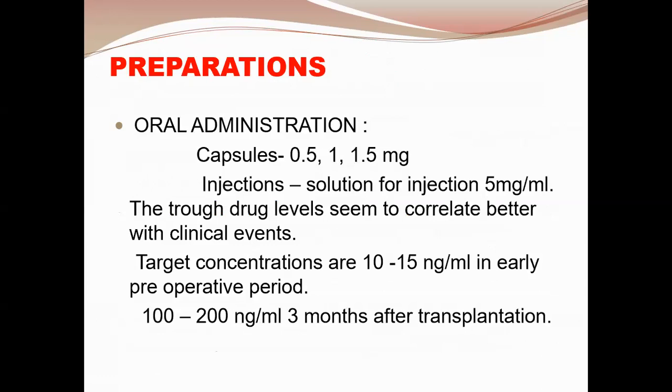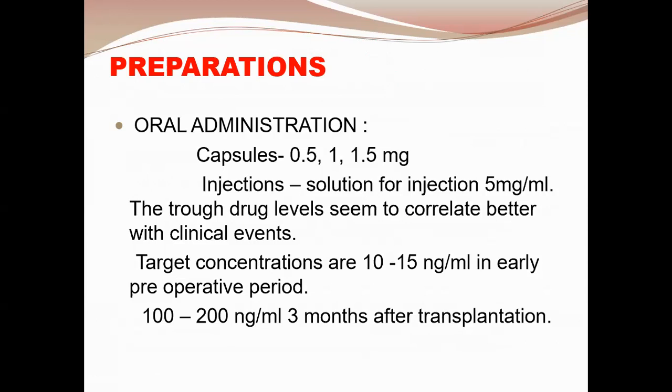Now, when you talk about the preparations of tacrolimus, it is available as an oral preparation in the form of capsules of 0.5, 1 and 1.5 milligrams, and in the form of injection, as a solution for injection, 5 milligrams per ml. Trough drug levels seem to correlate better with clinical events.